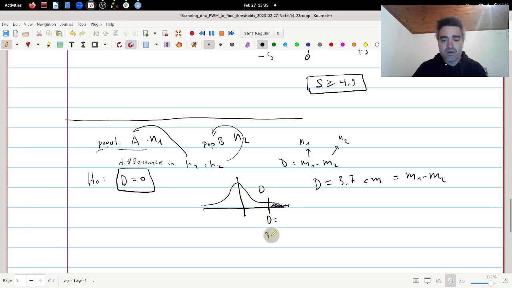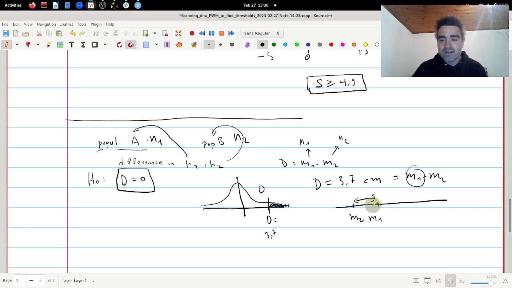So this is the 3.7 here, but since we want to answer the question whether the two populations are different in height, we must think the following. Now if this is the value that we have observed, the M1 for population 1, and this is the value for M2, to make the populations different needs this distance to be high.